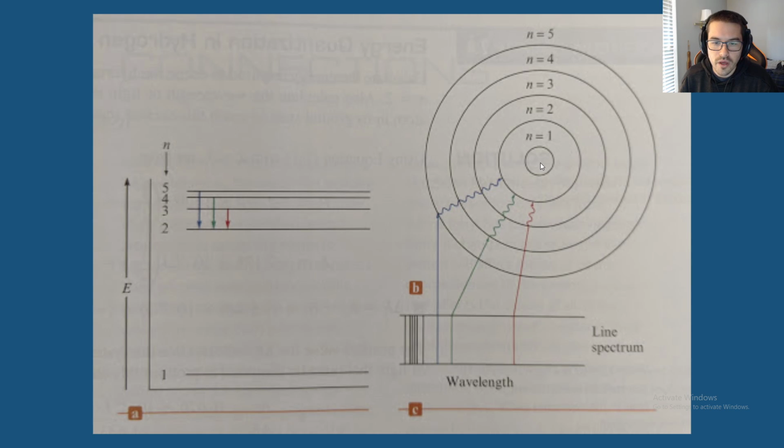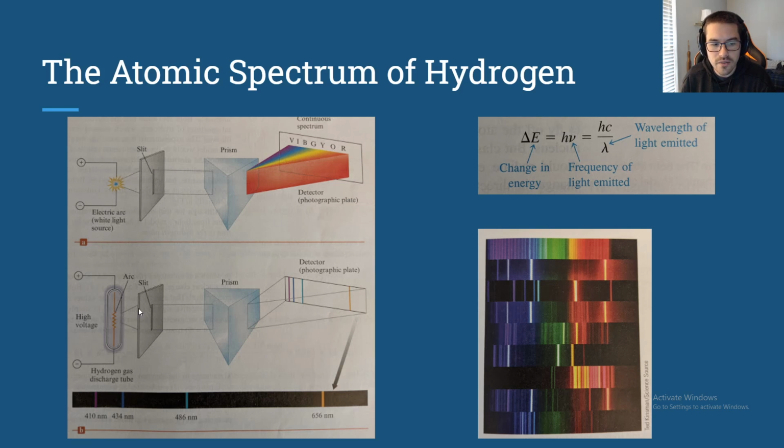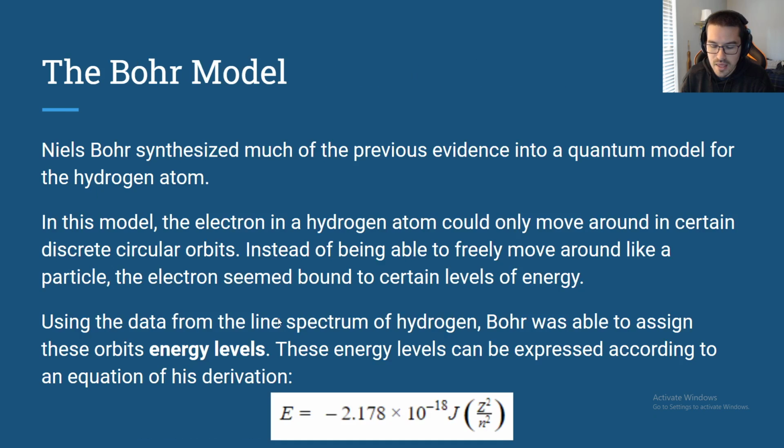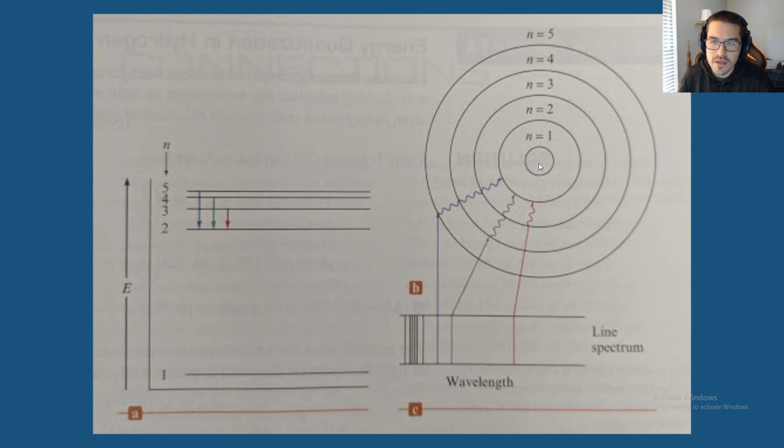What's actually going on in this line spectra phenomenon is that when the hydrogen gas absorbs the energy from the electricity, it's the electron that actually absorbs the energy. When the electron absorbs the energy, it becomes excited.